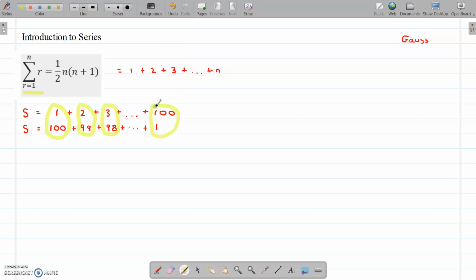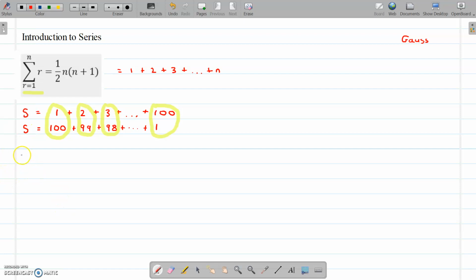So he thought, well, that's easy. You've simply got 101 occurring exactly 100 times, because there are going to be 100 numbers in that series, and each pair adds up to 101. And if you add s and s together, you get 2s.